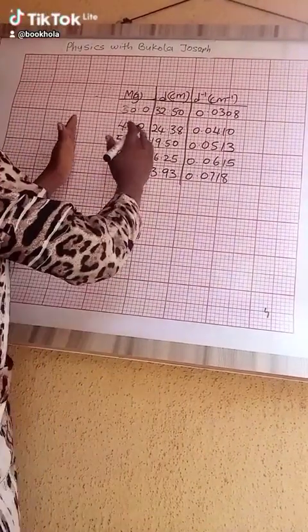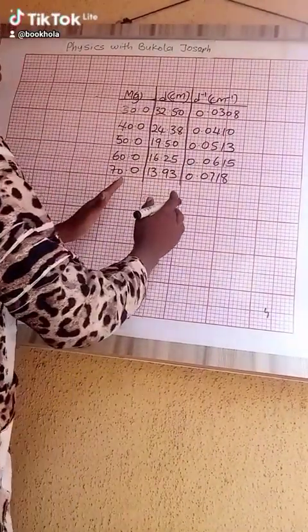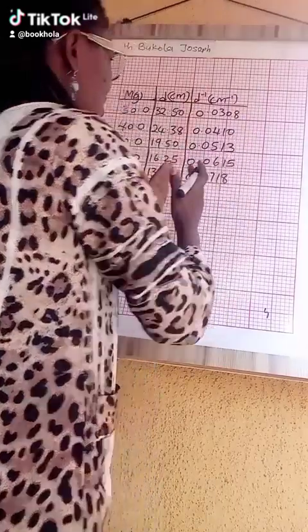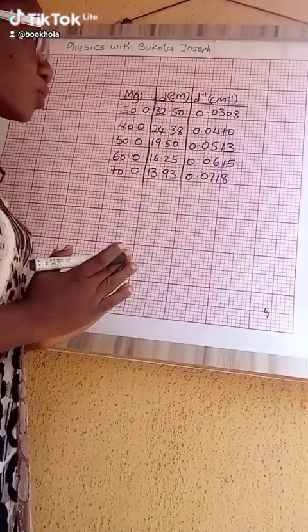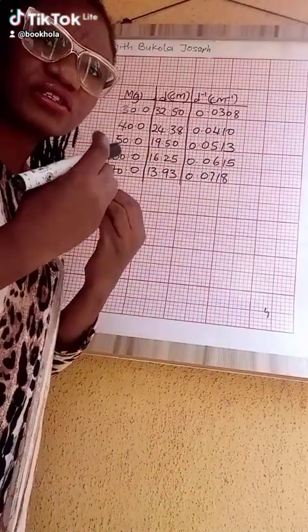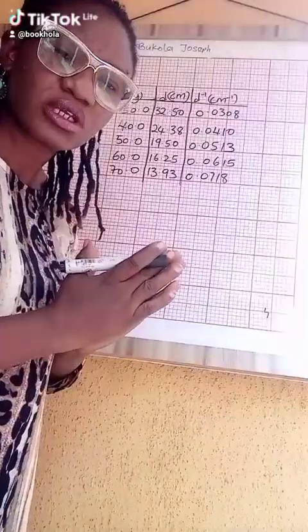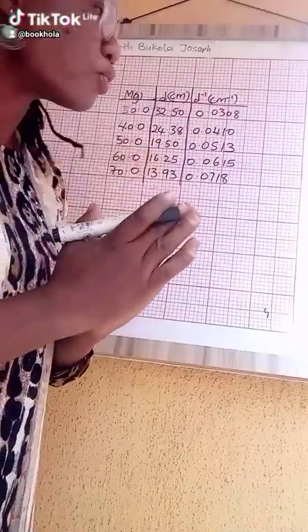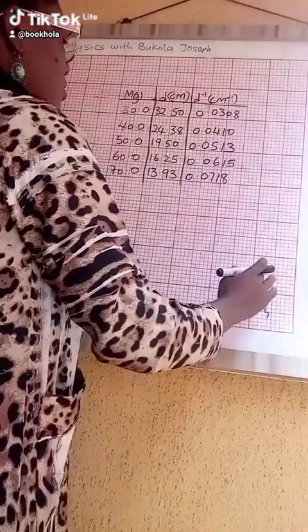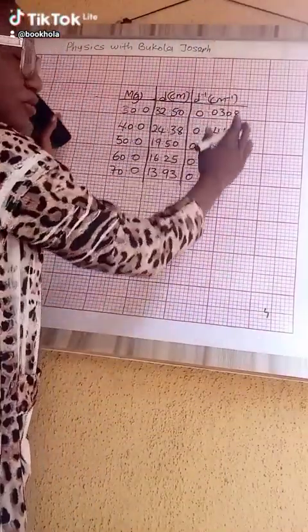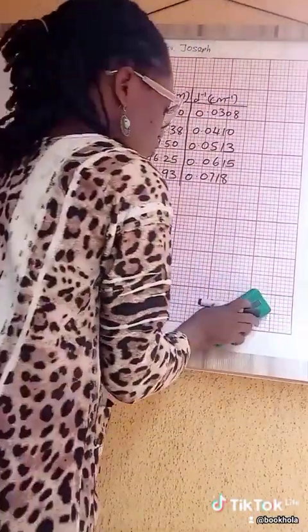We are going to make this as easy as possible. To make the graphing simple, the first thing you should do is go to your graph sheet. This is my graph sheet, though this is not the right place to put this information, but I have to do this.